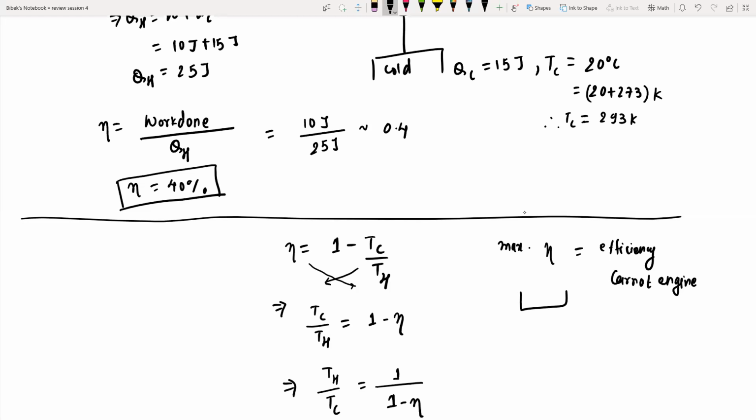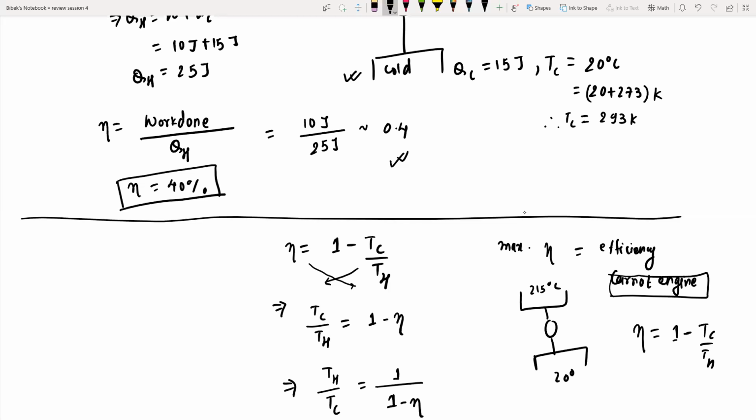Suppose you have 20 degrees centigrade and 215 degrees centigrade. At first we have a normal heat engine, and here we calculate it to be 40%. Now since the problem says that this is the maximum efficiency of that heat engine, that means this engine has to be a Carnot engine. In that case, the efficiency of the Carnot engine can be calculated by this equation.